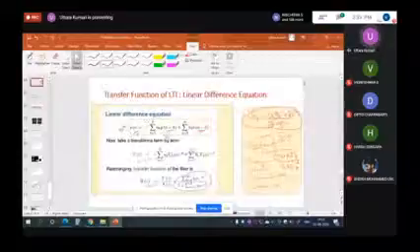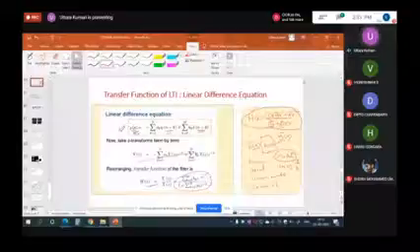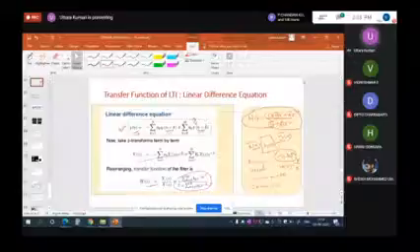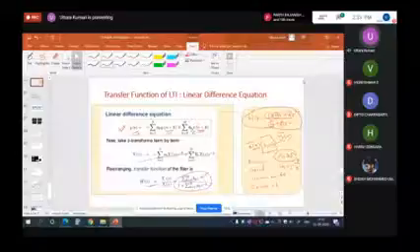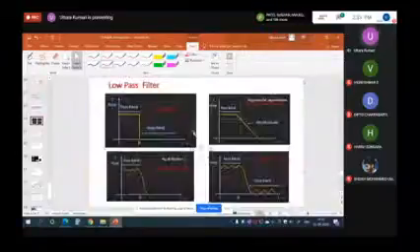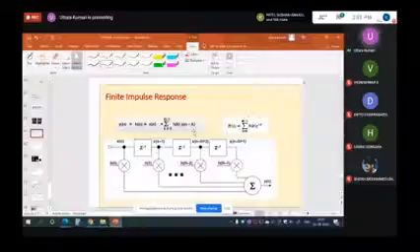In this linear difference equation, y of n depends only on this particular parameter, not on this parameter. This is the one required for further discussion, so that's why I want to concentrate on it.